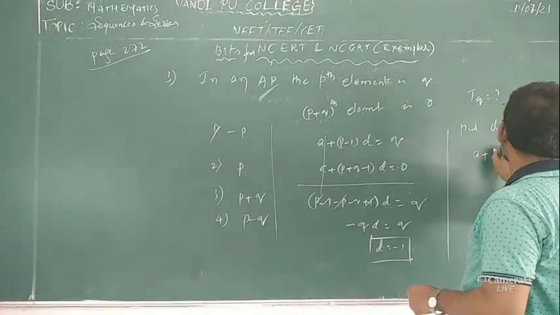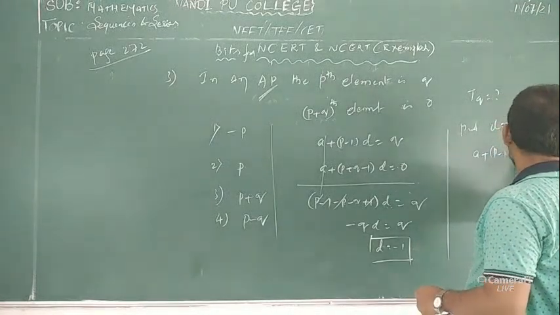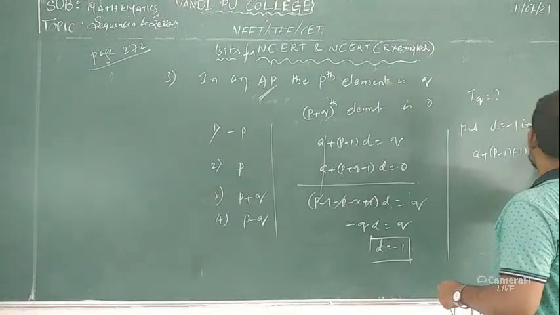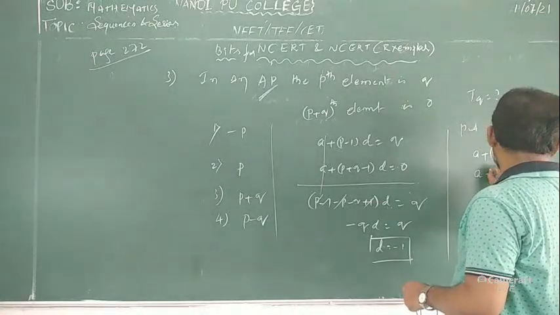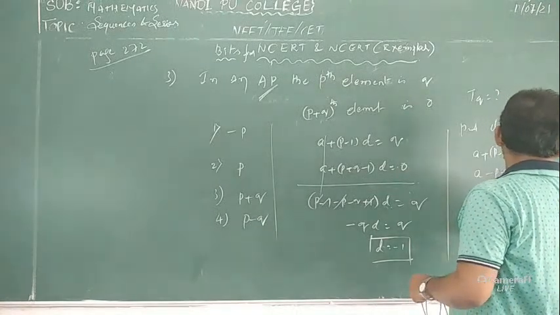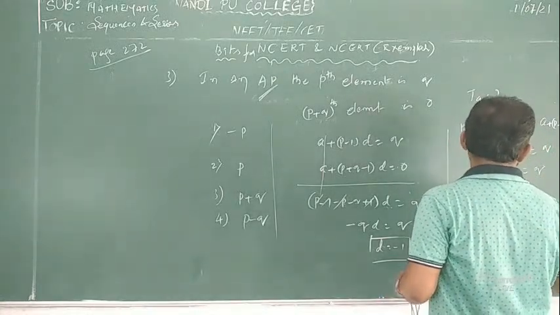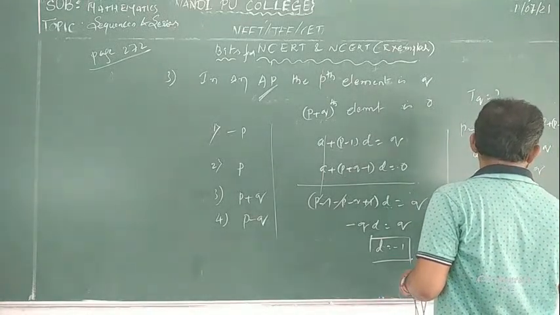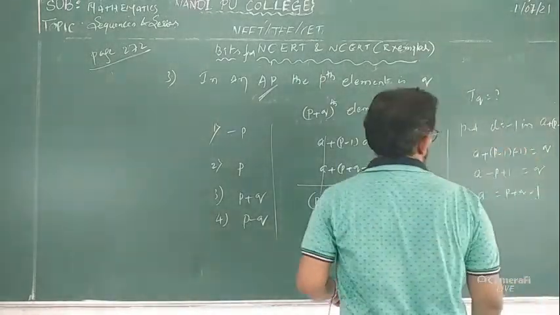So, a plus p minus 1 into minus 1 is equal to q. Therefore, a minus p plus 1 is equal to q. Therefore, a is equal to p plus q minus 1.